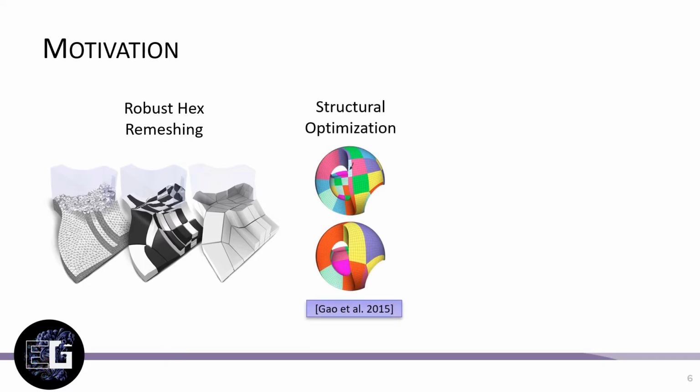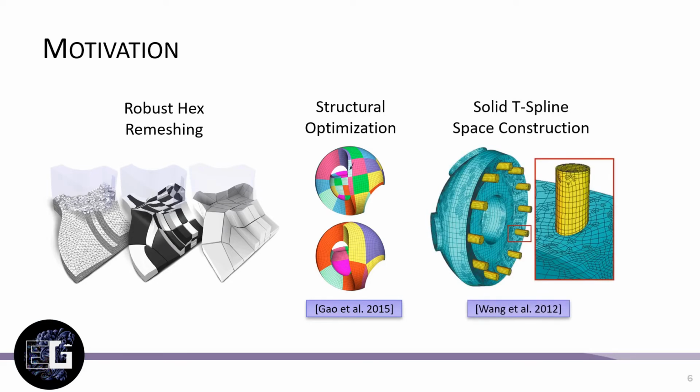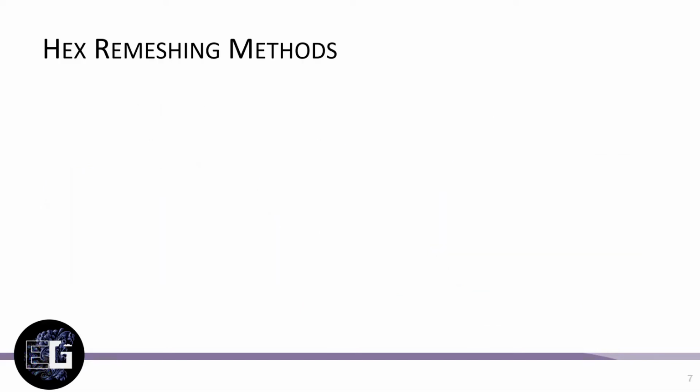Earlier work by Gao and colleagues used a similar but much finer volume partition for that purpose. Instead, using the motorcycle complex promises advantages in both efficiency and flexibility, as we will show later. Lastly, the partition obtained by the motorcycle complex can also be used in the construction of solid T-spline spaces. For now though, let's take a more detailed look at hex remeshing.